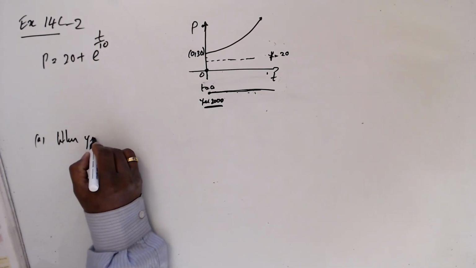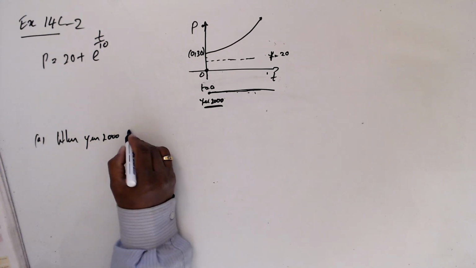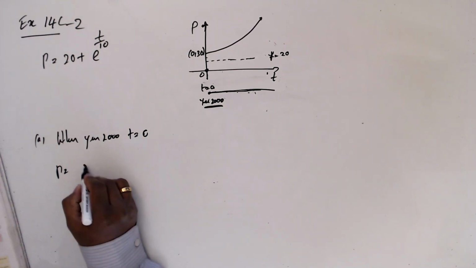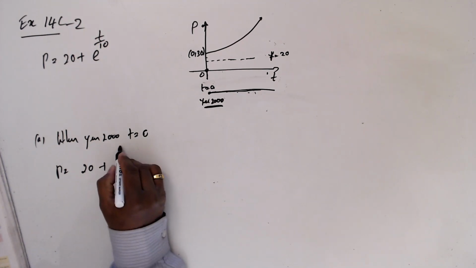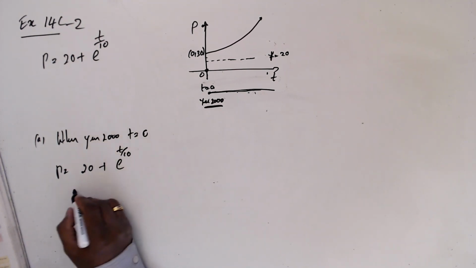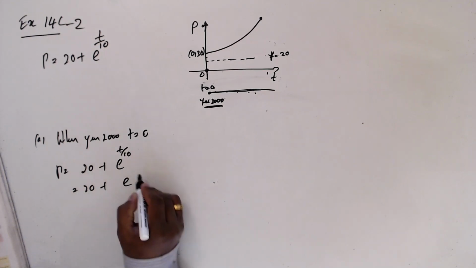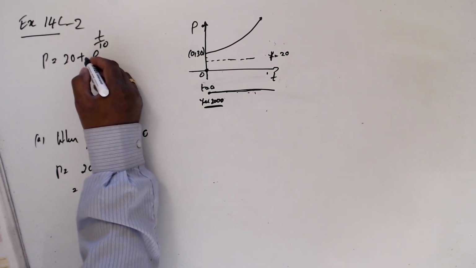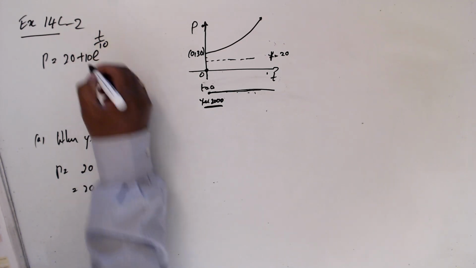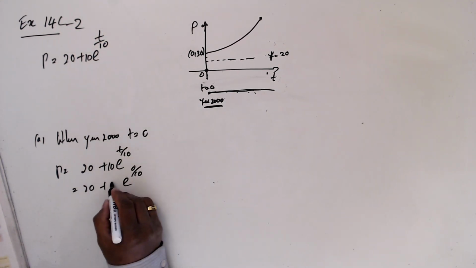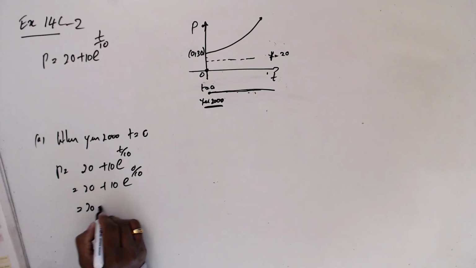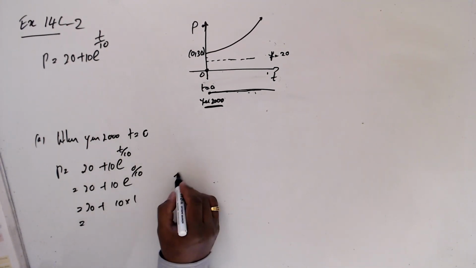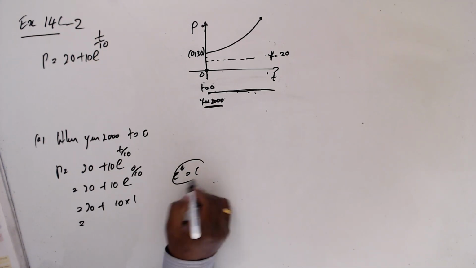When year 2000, T equals 0, then we substitute here: P equals 20 plus 10 times e^(0/50). I think there was this number here, 50. So 20 plus 10 times 1. e to the 0 is 1.